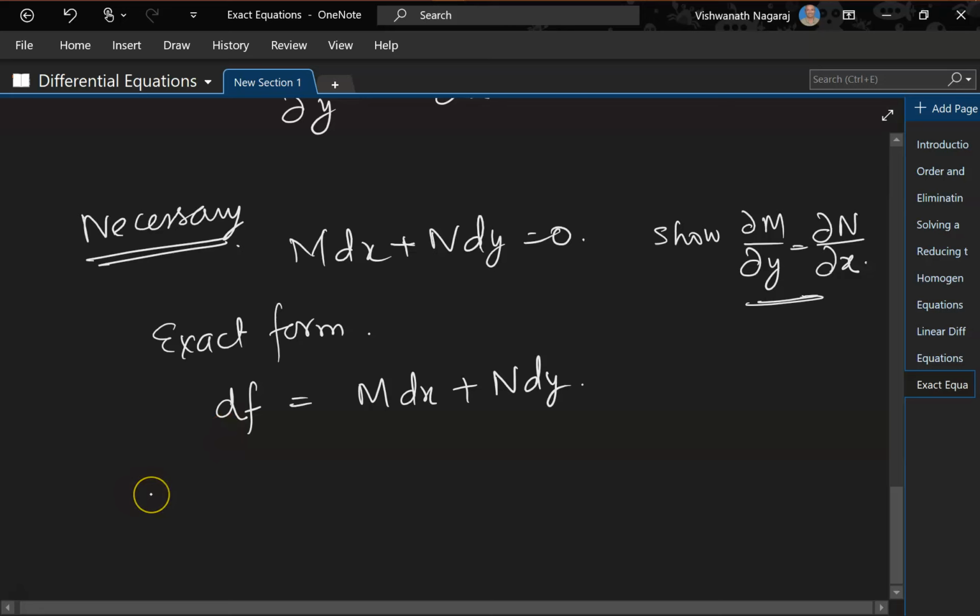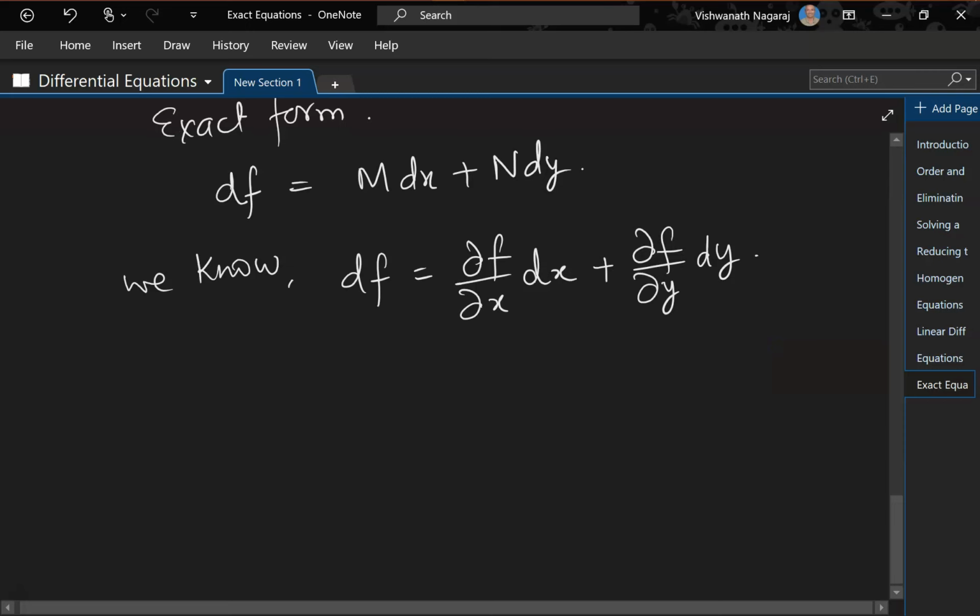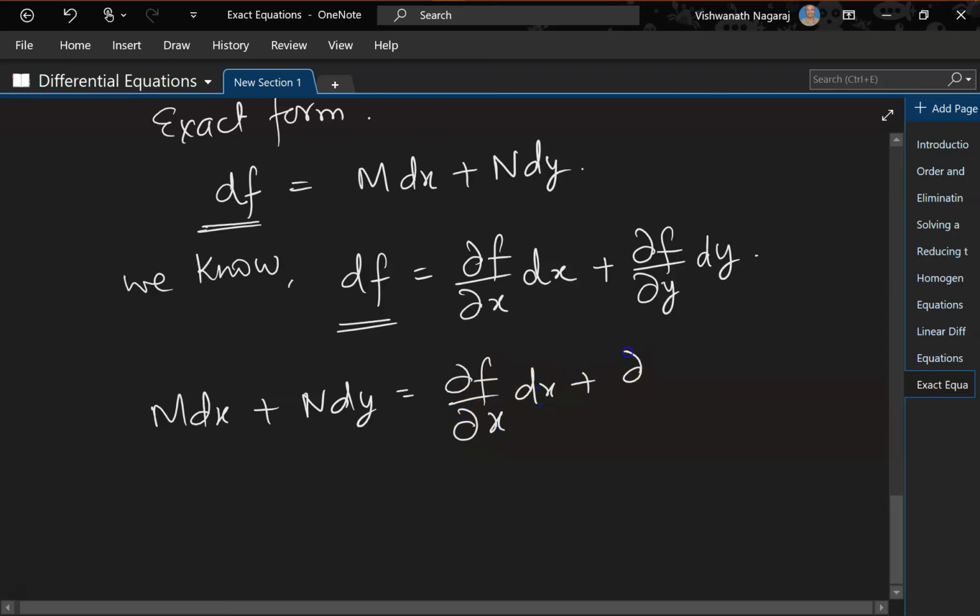From the partial differentiation topic, we know that df = ∂f/∂x dx + ∂f/∂y dy. Now, the left hand sides are both df, so the right hand sides should also be equal. So M dx + N dy = ∂f/∂x dx + ∂f/∂y dy.